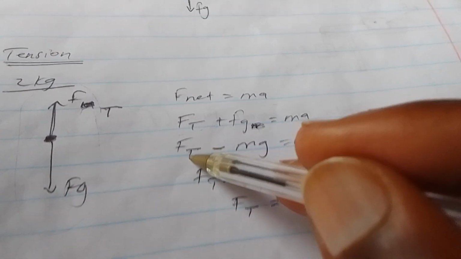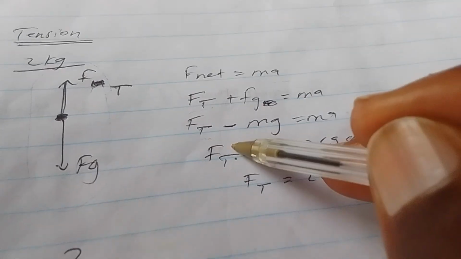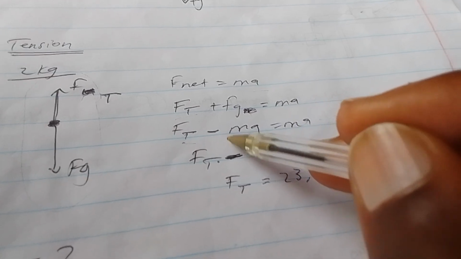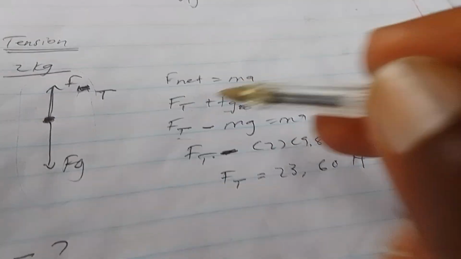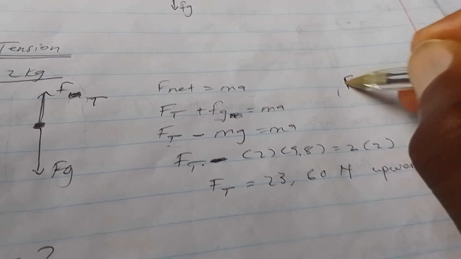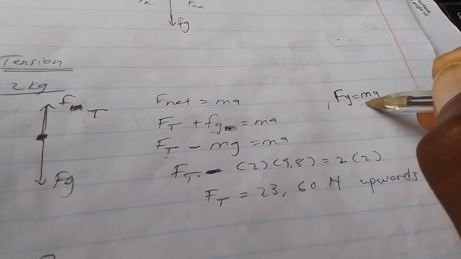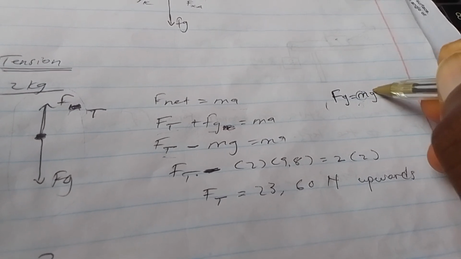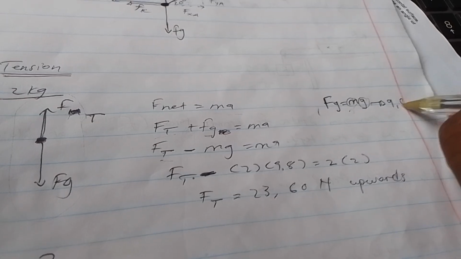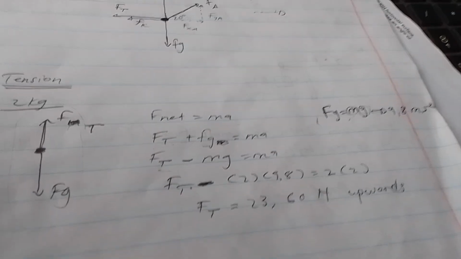So okay, our second step in our formula: Ft is positive, acting upward, and Fg will be negative. Fg has its own formula. Fg is equal to mg, where m is the mass of that object, and g is always 9.8 meters per second squared.